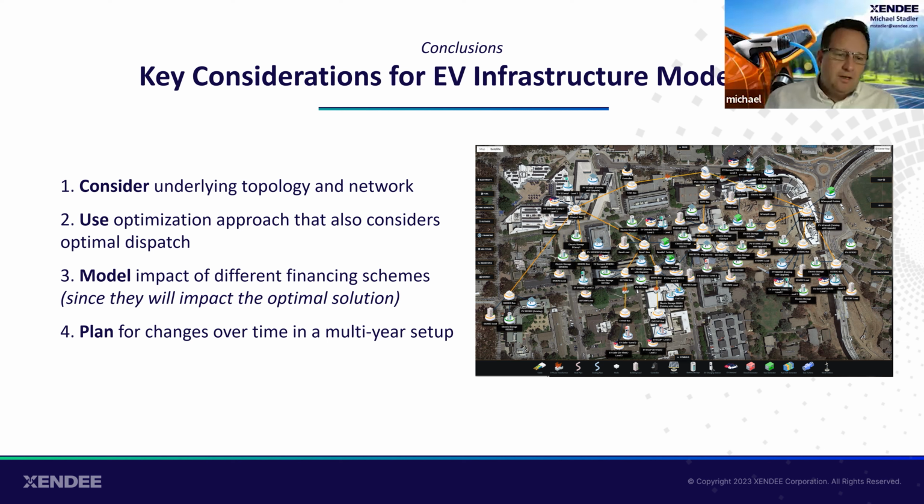As already mentioned, modeling the impact of different financing schemes might be very important. And of course, analyzing the impact of changes over time is really key, because you're not building this project just for 1 year, you're building it for 10, 15, 20 years, and you want to hedge against some expected or unexpected changes over time.